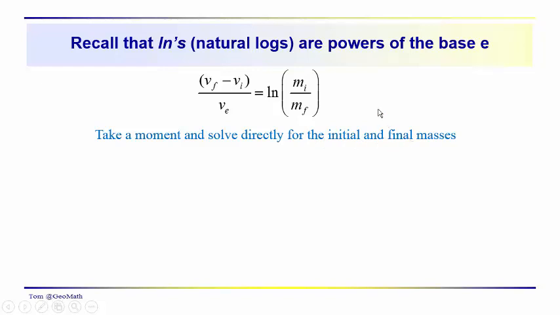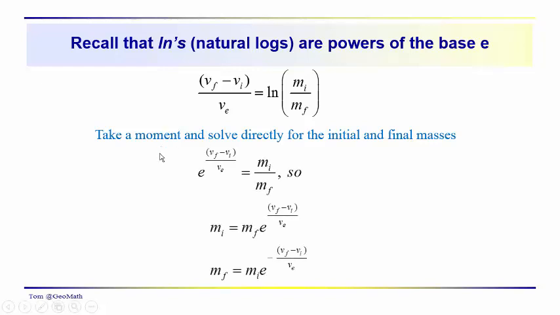Take a minute. And if you did that, you would get this expression here. In other words, the log of m sub i over m sub f is the power that you have to raise the base e to in order to get this. So that just pops right out.